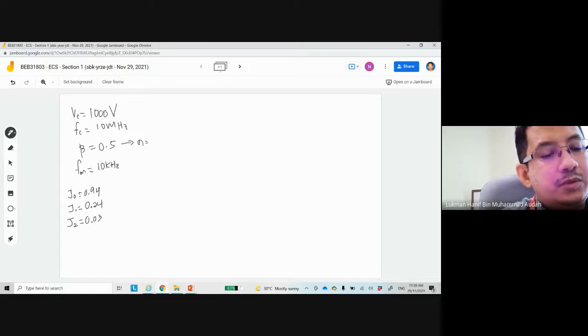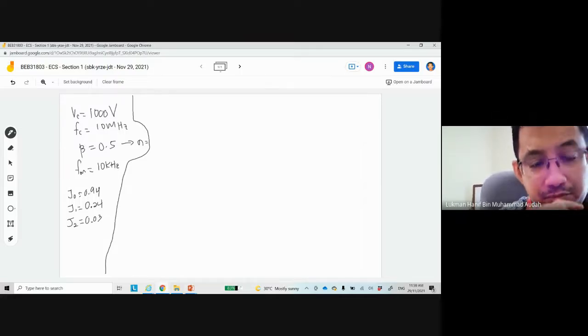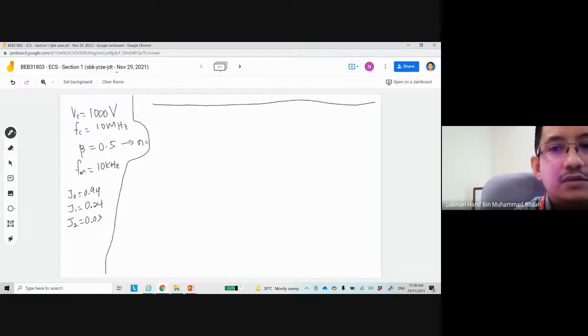So the question asks to draw the amplitude spectrum. Apabila kita nak melukis amplitude spectrum, that means we need to know the voltage and also the frequency. In order to do that, I would suggest you draw a table. Buatlah satu table ringkas.